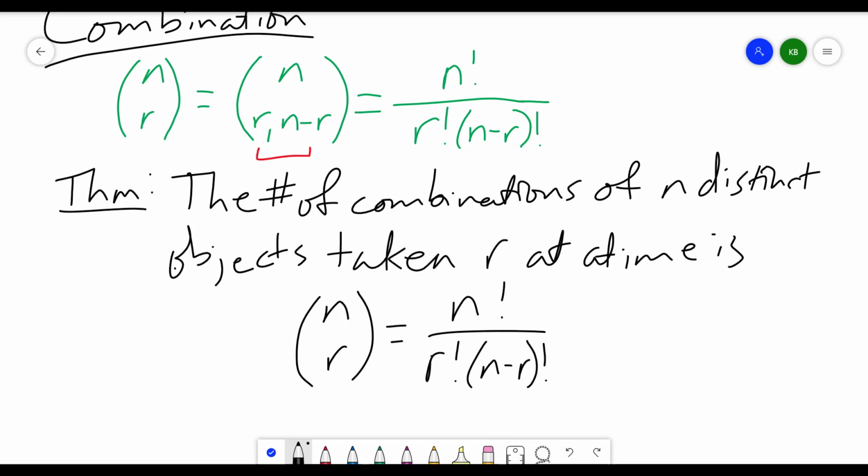So again, permutations, order matters. Combinations, order does not matter. Permutations, order matters. Combinations, order does not matter. I cannot repeat that enough times. Please take the time to drill that into your brain.